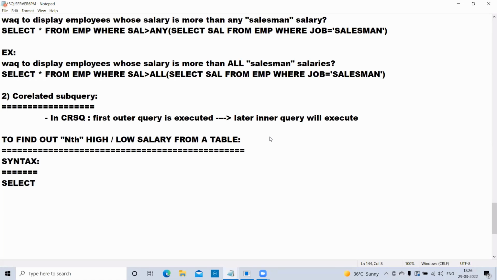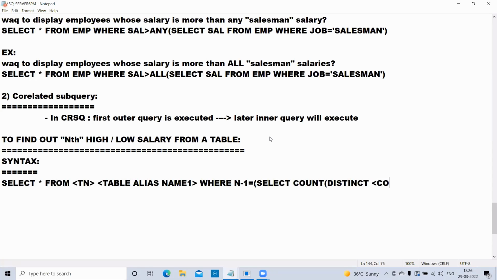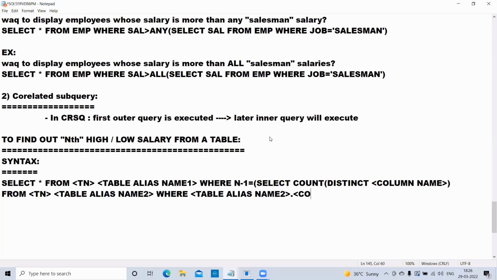So observe the syntax first: select star from table name, and here I'm giving a compulsory table alias name 1. Where n minus 1 is equal to the inner query: select count of distinct column name from the table name, with table alias name 2. The inner condition is table alias name 2 dot column name, with either less than or greater than, and after that table alias name 1 dot column name.